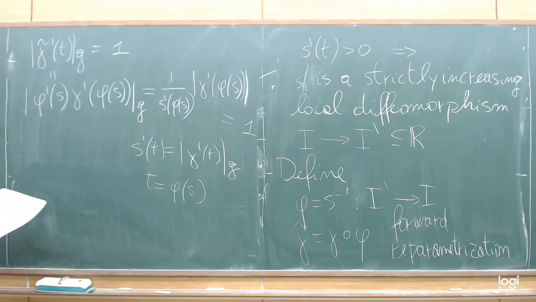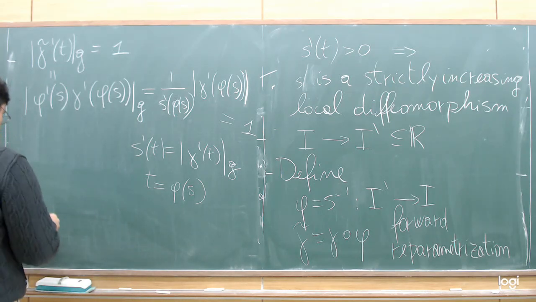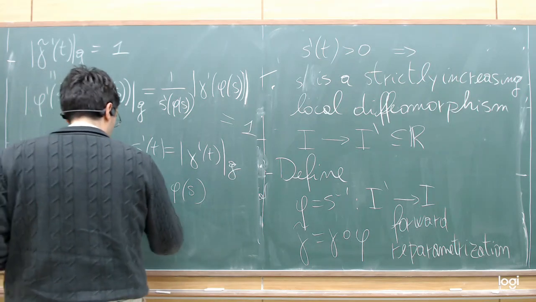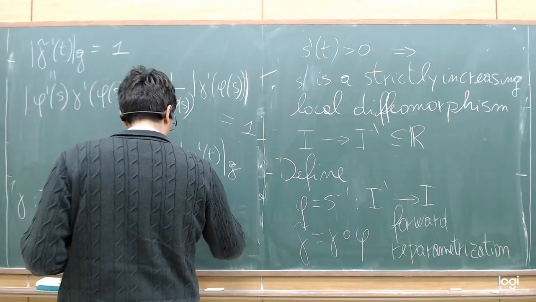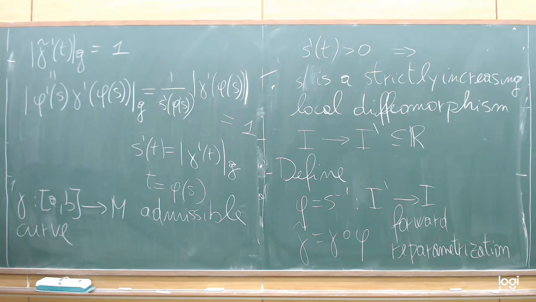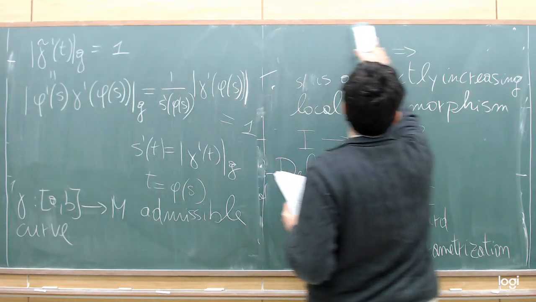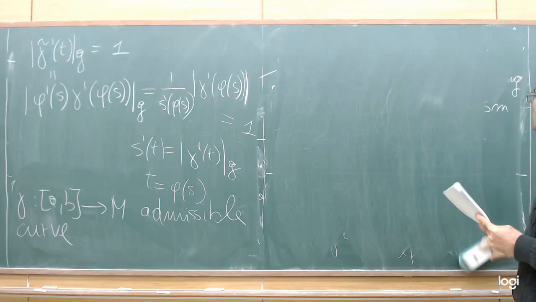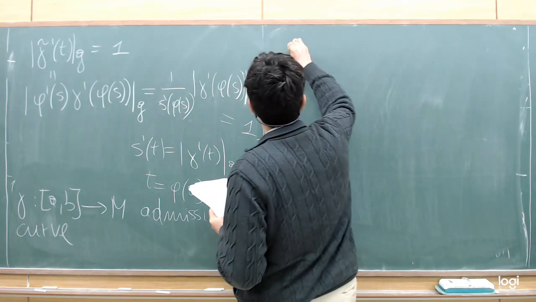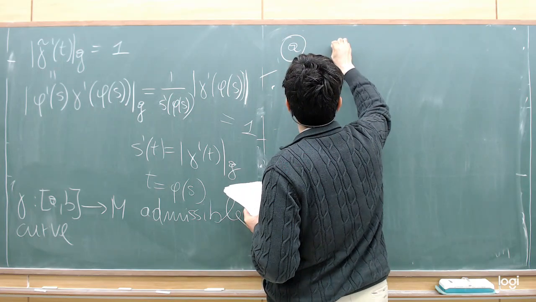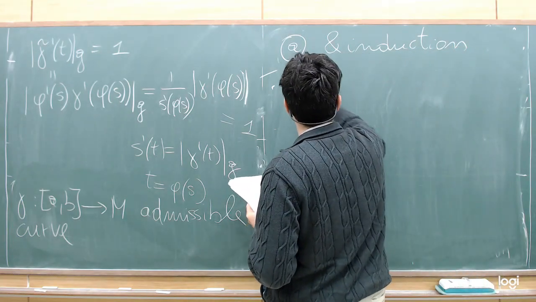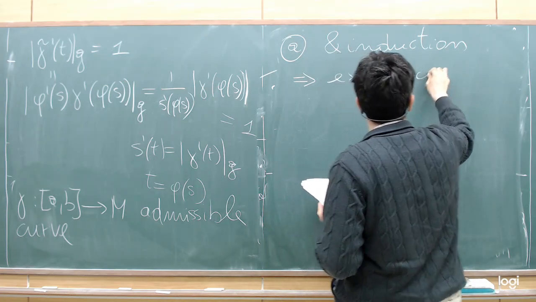Now we have to prove part B. Suppose that gamma is an admissible curve, then part A and the induction implies the existence result.